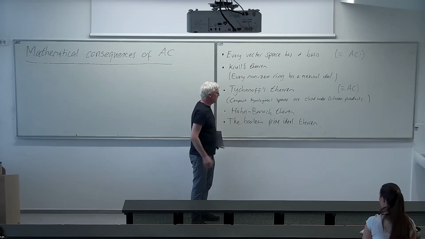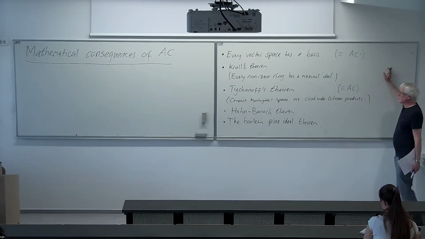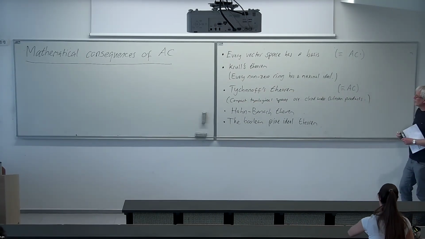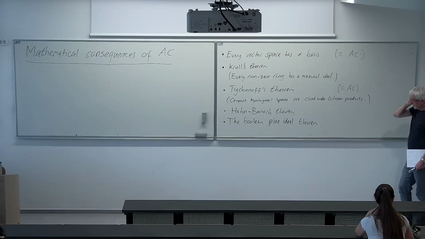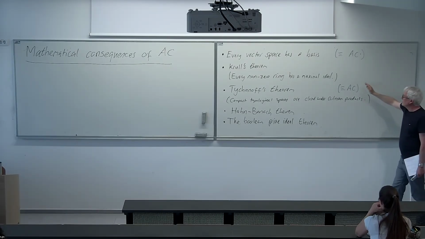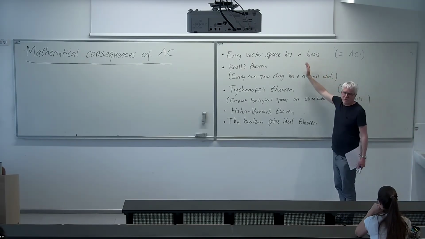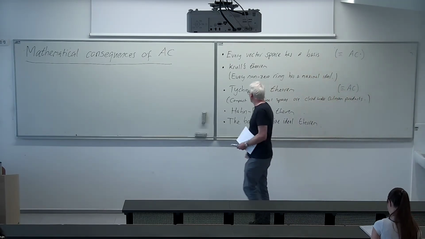And this is just the tip of the iceberg. One has lots of consequences of the axiom of choice in mathematics, and basically mathematicians use such things without thinking twice. Something like every vector space has a basis is probably hardly ever really used, because when you're working with a vector space, you typically do have bases available for it.